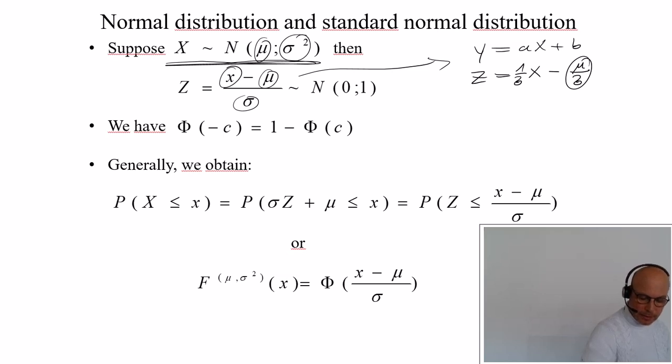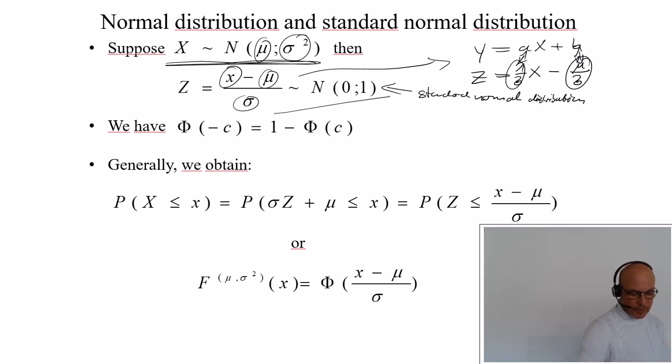So minus mu over sigma coincides with our b, and 1 over sigma coincides with a. And this one is then standard normally distributed.